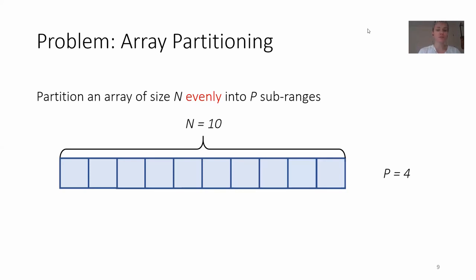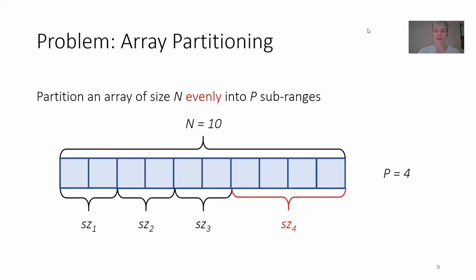So the naive solution that maybe first comes to mind is, well, let's assign sizes n over p to the first p minus 1 partitions, and then give the rest of the elements to the last partition. Unfortunately, this will not be a very even partition, right? So the last partition will end up with many more elements than the other ones.